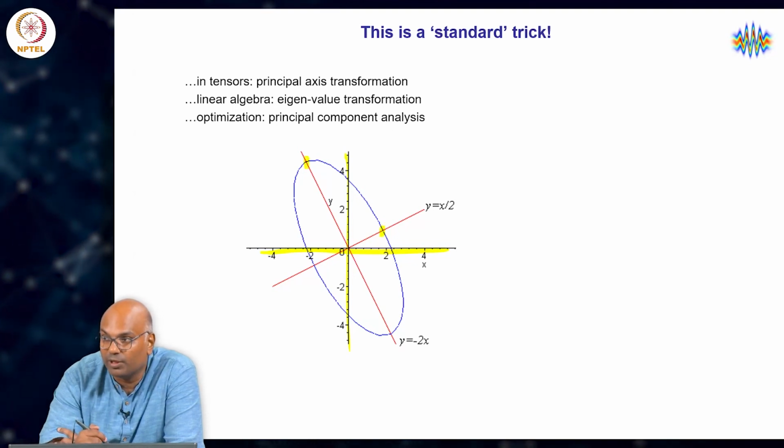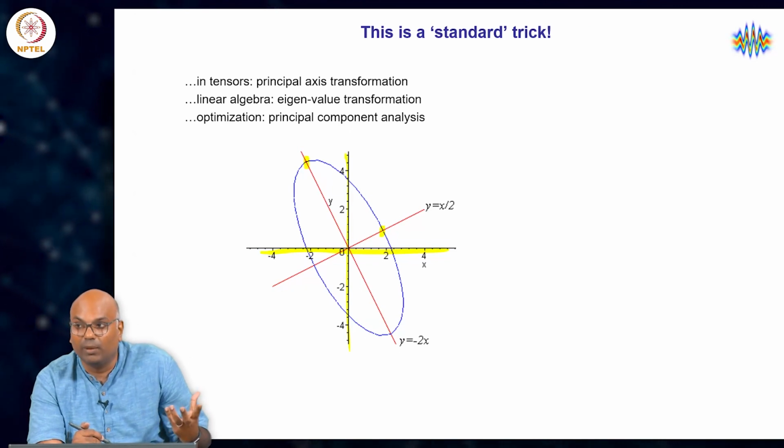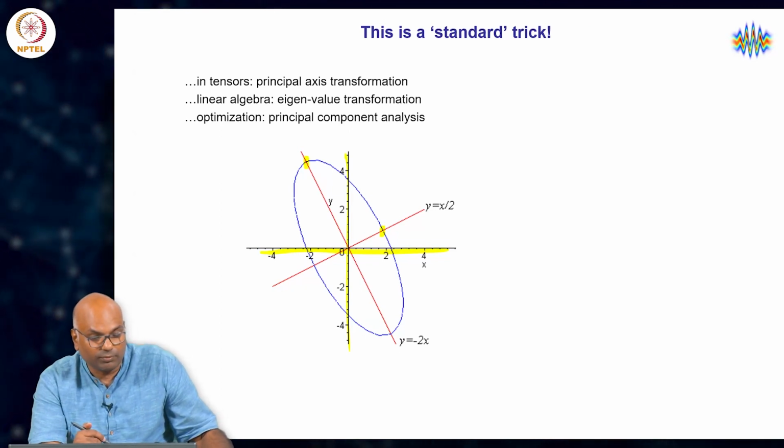That is what the principal axis transformation does. It is just a rotation in a space of appropriate dimensions.